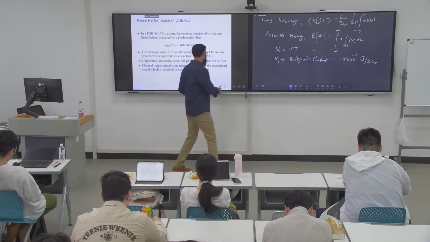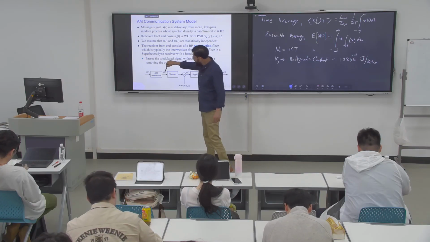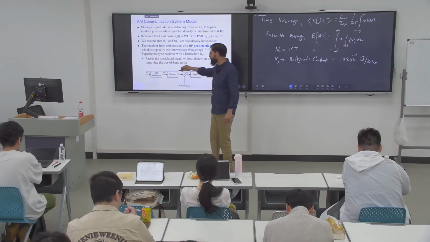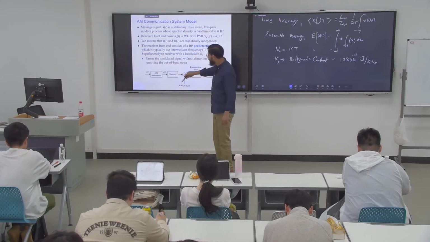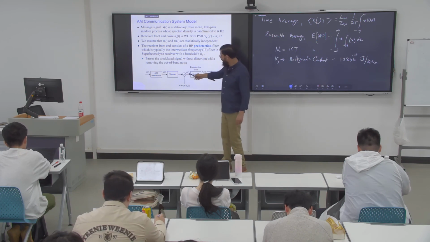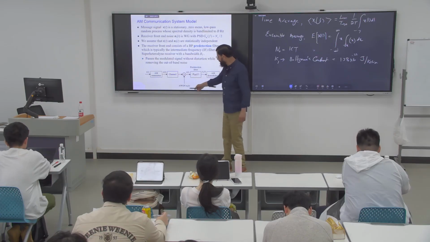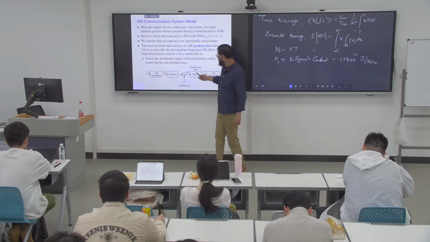So what it does mean is we have a double sideband suppressed carrier signal, and the channel will add some noise. At the input of this filter, we will get a signal s(t), which is double sideband, plus this noise.